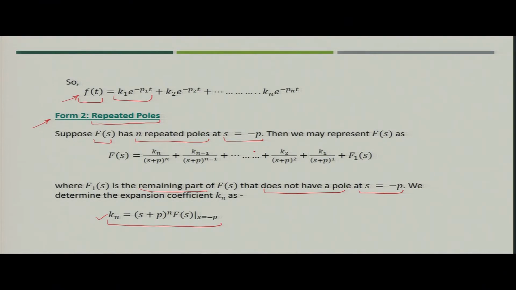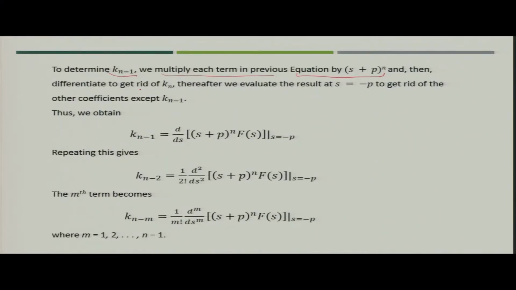Now, in this case you will have Kn as a constant term, but we need to find Kn minus 1, because Kn we have already calculated. So, what can we do? We can get rid of Kn if we differentiate the whole expression. We first multiply by (s plus p) to the power n and then differentiate the whole expression to get rid of Kn.